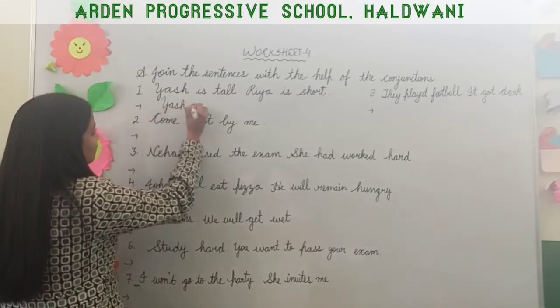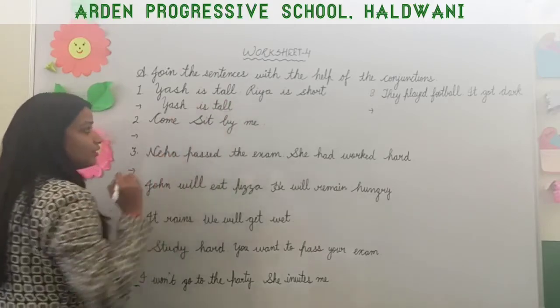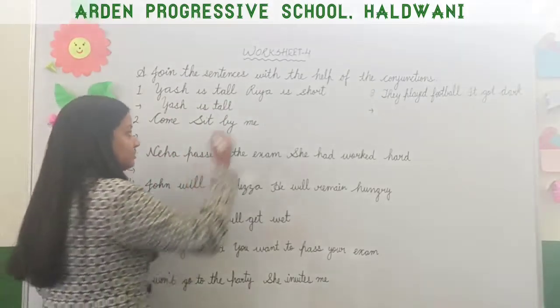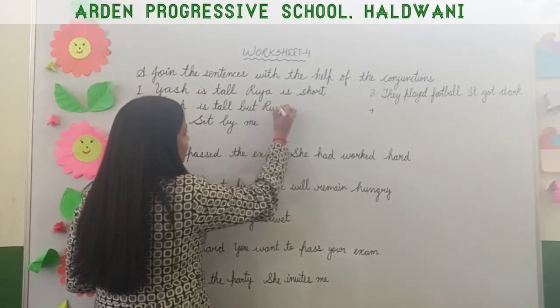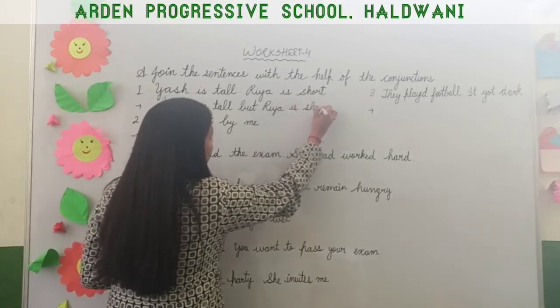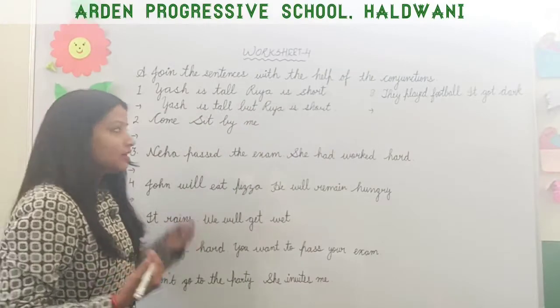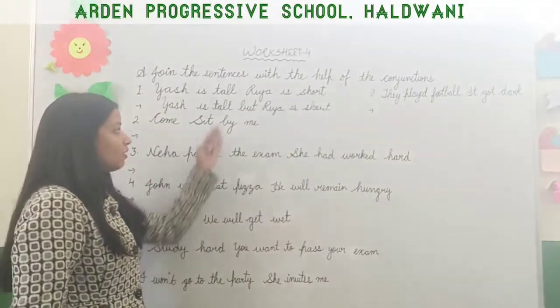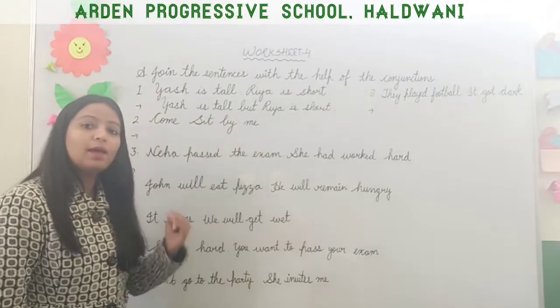Yash is T-A-L-L tall, but Riya is short, S-H-O-R-T, short, then full stop. Now we have made a new sentence with the help of conjunction. We have used conjunction but.